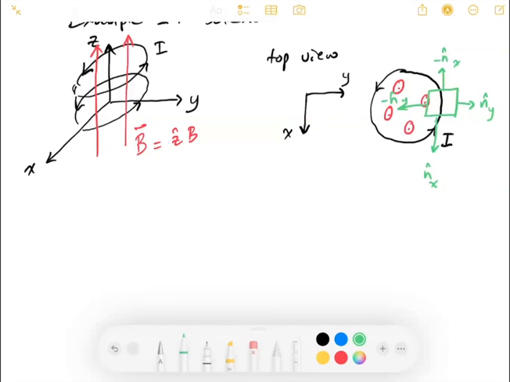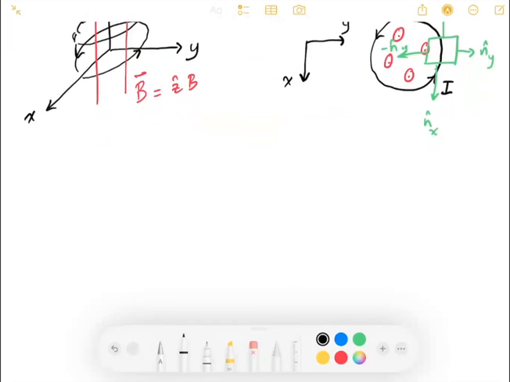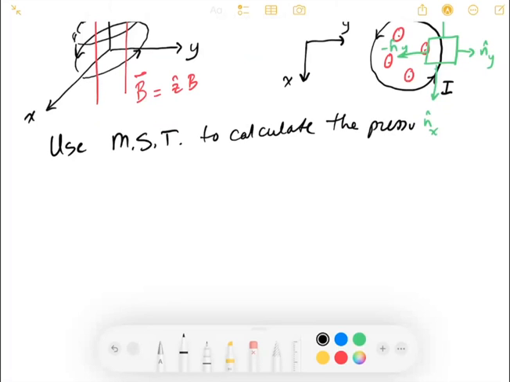X and X. Okay. So here we go. So use the Maxwell stress tensor to calculate the pressure on the current carrying wires.